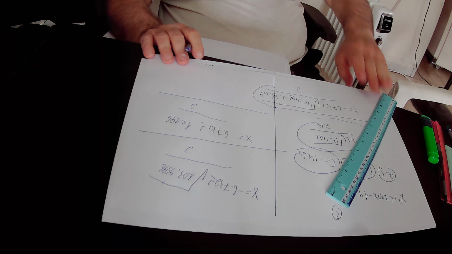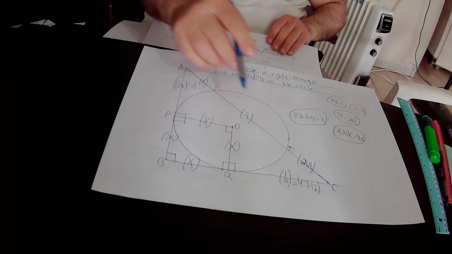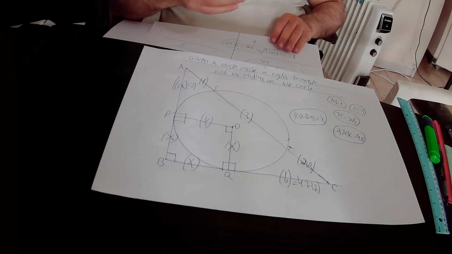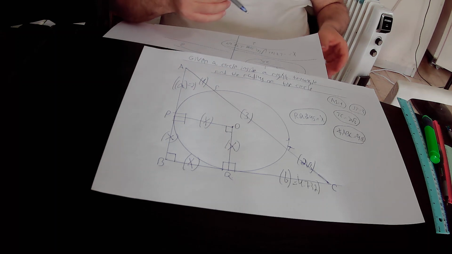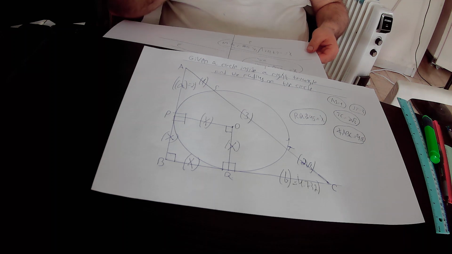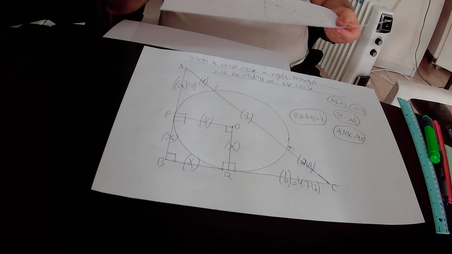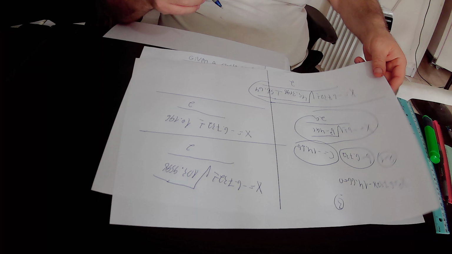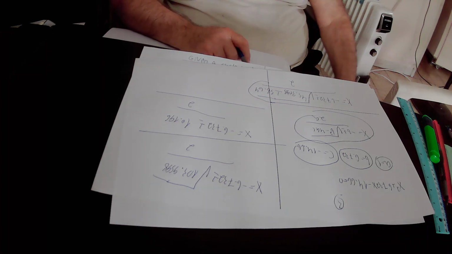And because according to our definition x is the radius of this circle, a radius is a length, so x as a length must be a positive number. Therefore, the negative solution is incorrect. We will cancel the negative solution, and we are left only with the positive solution that is possible for x.